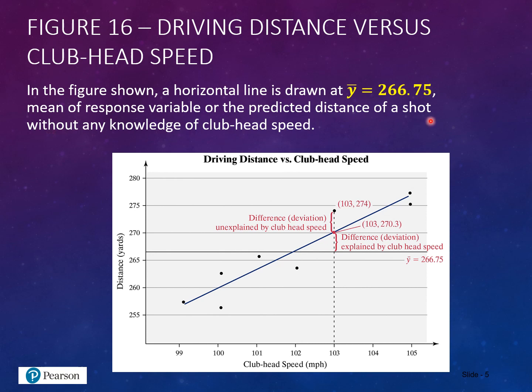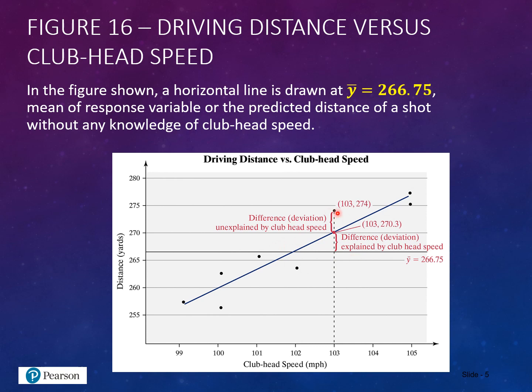Now, what do we mean by that? Well, if we don't know the speed the club is going at, we don't have any real connected data points about where on this graph we are, so we use the average value of all of the shots. So if we don't know the speed of the club, then we just use the average value of all the observations, and that's what we're talking about here.